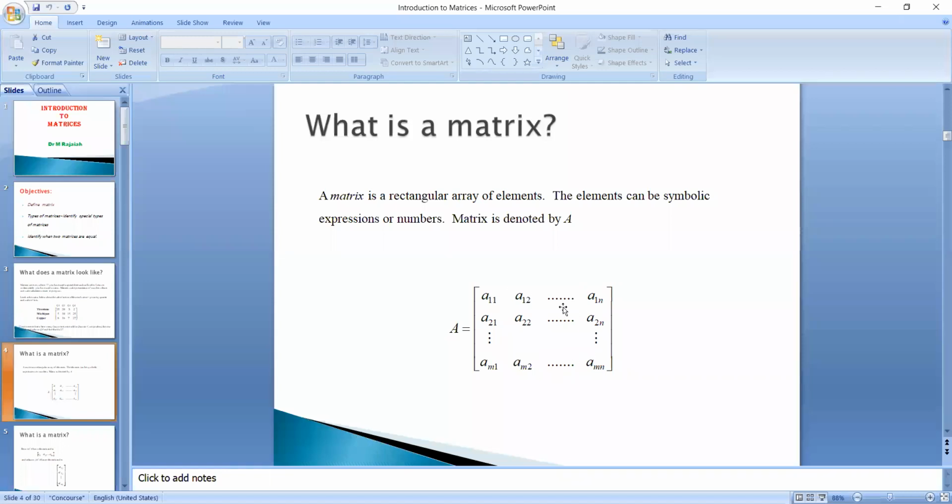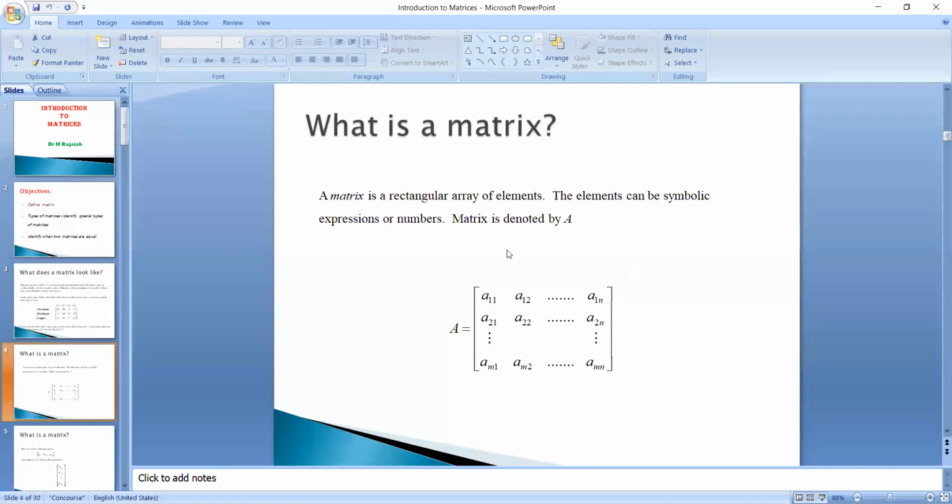Can I ask one question? What is the element in the second row, nth column of this matrix? It is A2n, right? Then what about the element in the mth row, second column? Am2, sir.